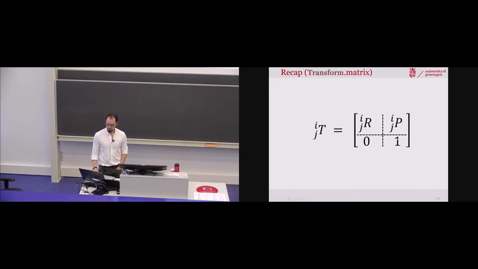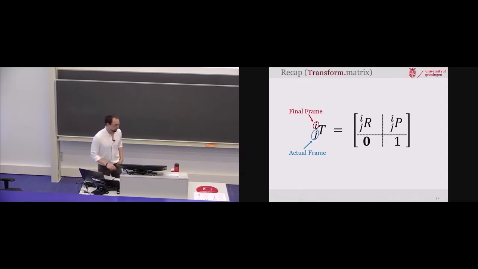So the indexes: I is the final frame in which you will end up when you apply this transformation matrix, and J is the actual frame in which you are currently working on.